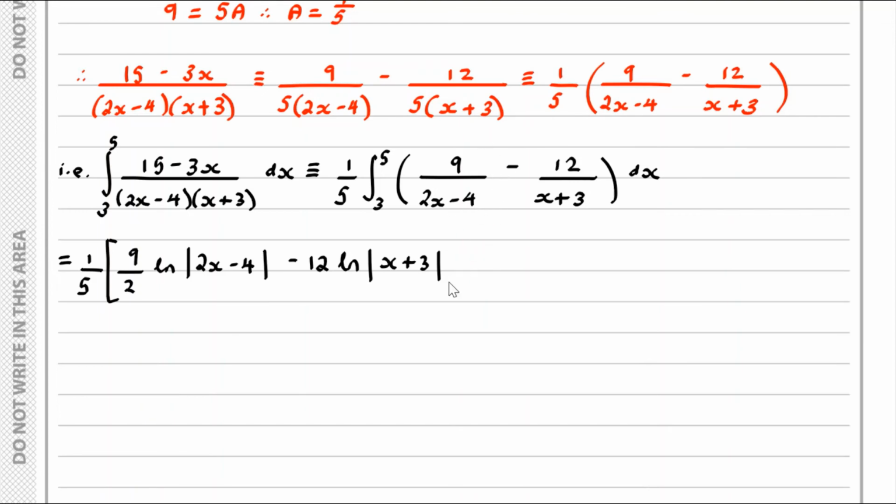Obviously, we're looking for f dash over f. So we wish to evaluate this in between the limits 3 and 5.